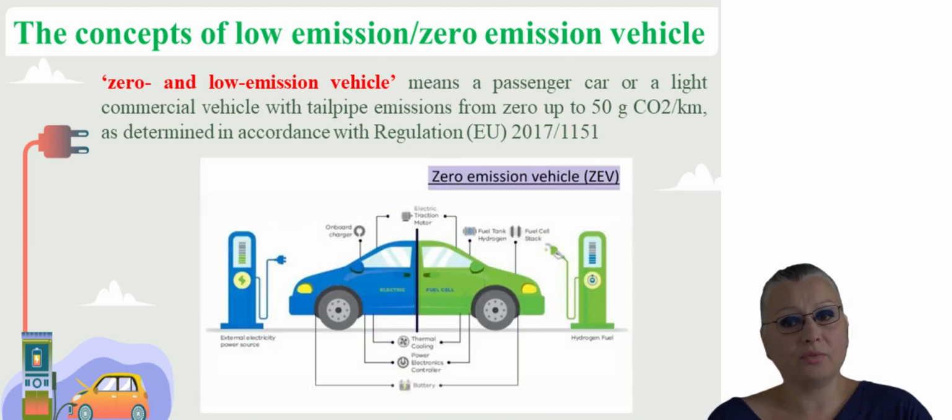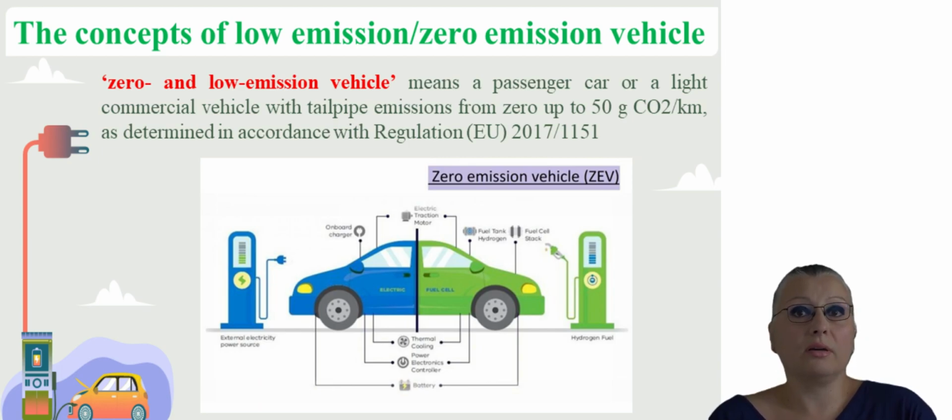A zero emission vehicle is a car which doesn't have any emission on the tailpipe. So there are only two vehicles that can be considered as zero emission vehicles, and it's the full electric vehicle or battery electric vehicle and the fuel cell electric vehicle.